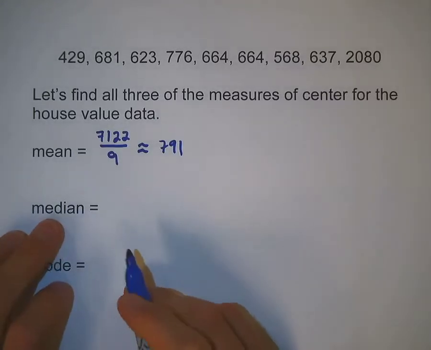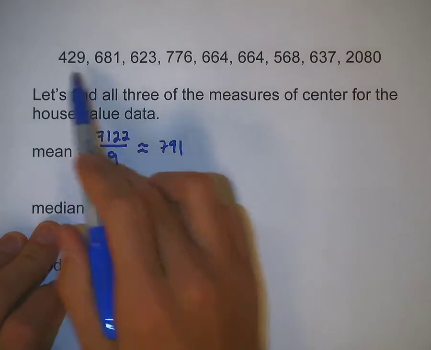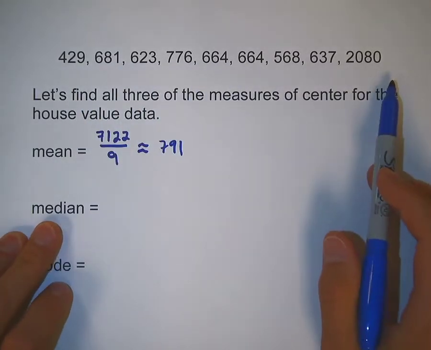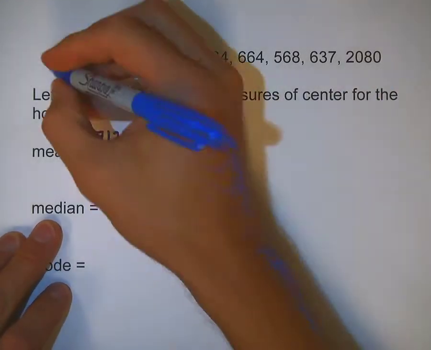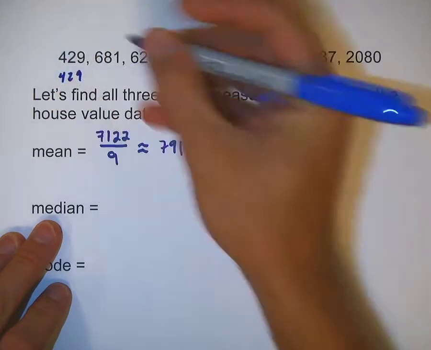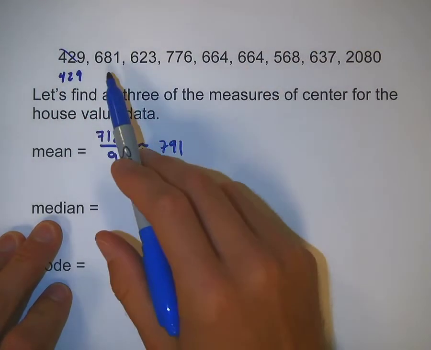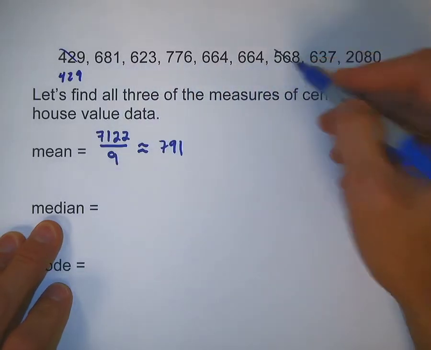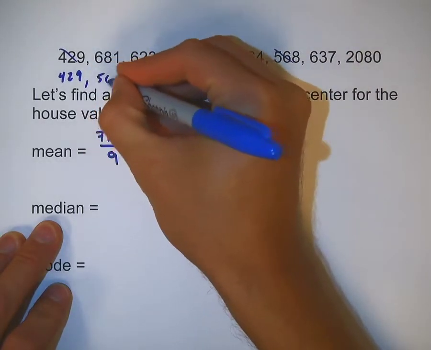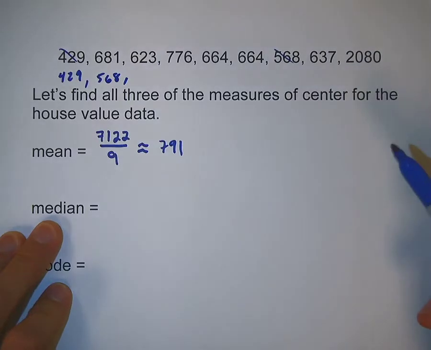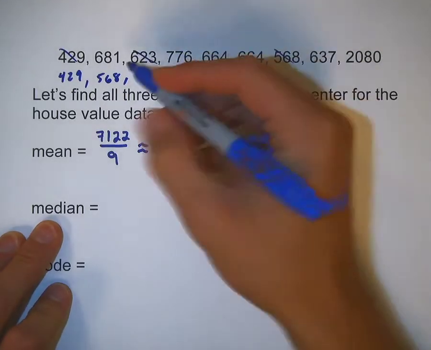With the median, I need all of my data in order, usually from least to greatest. So I'm going to reorder the numbers, least to greatest. 429, my next largest number is 568. Then I have 623.